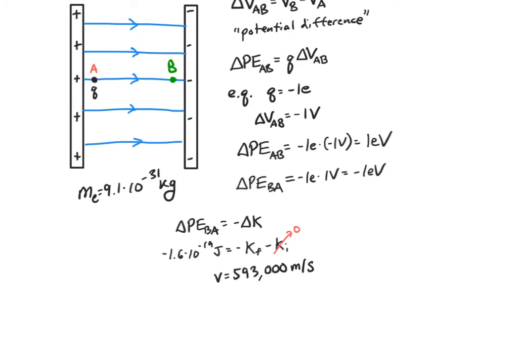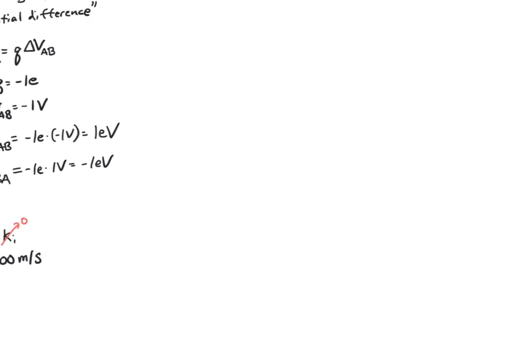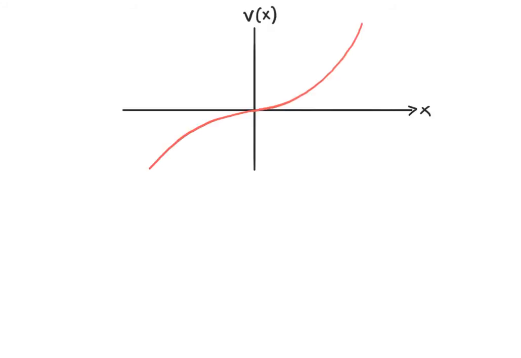One more example that we can do is if we know, for example, a function of electric potential, how can I figure out how charges placed in that region will behave? So consider this function, for example.